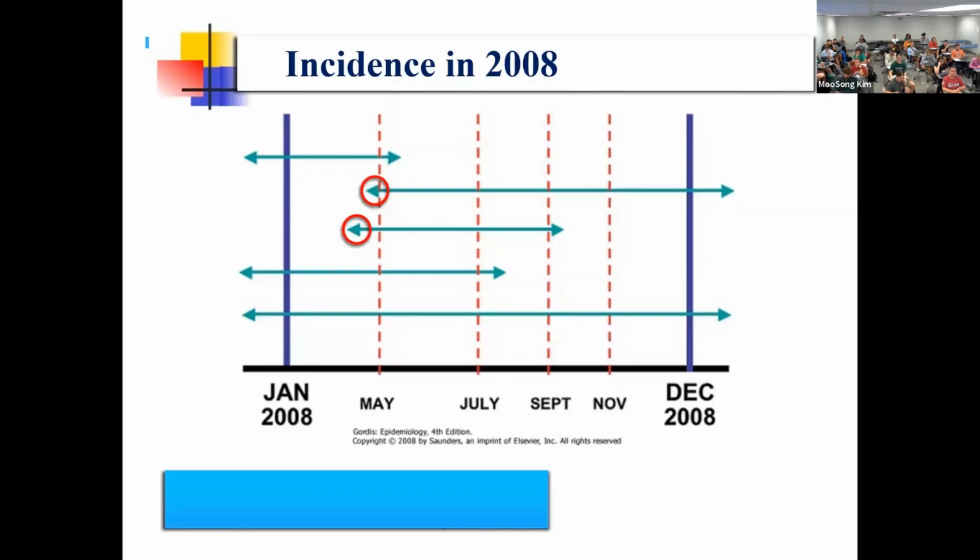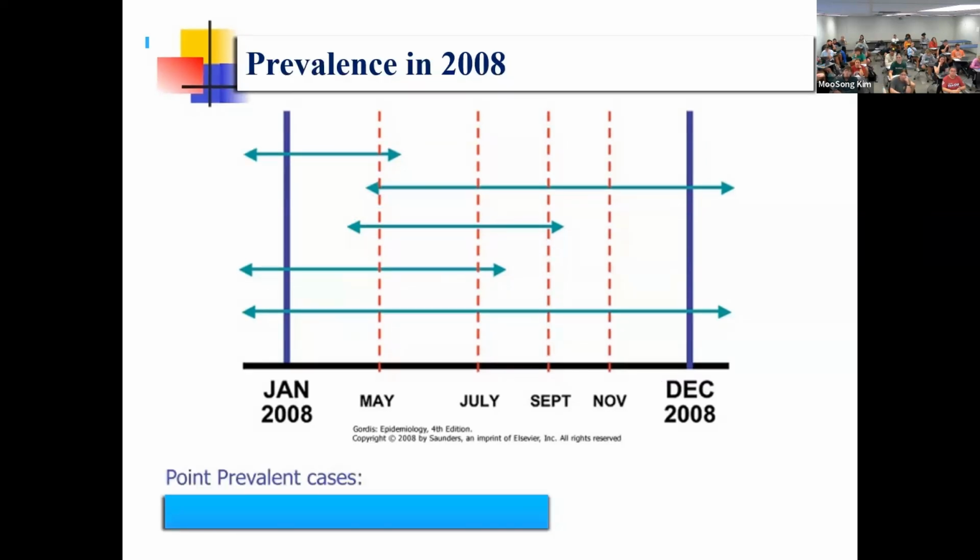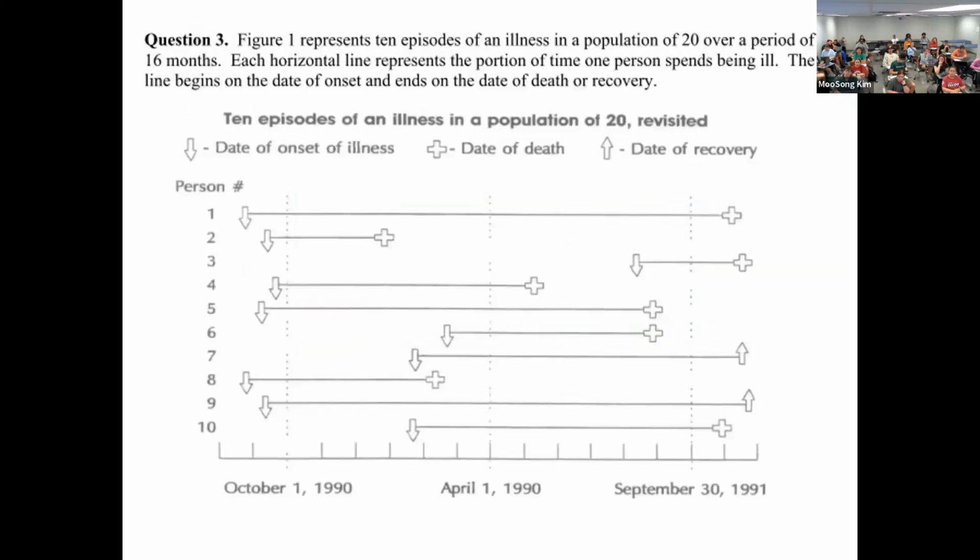So in 2008 there are only two new cases. How about prevalence? How many cases? 5 or 3? 5. Yes, 5. These three are the pre-existing cases, and we already know there are 2 new cases, so there are 5 prevalent cases. So you can distinguish between pre-existing and new cases like this.